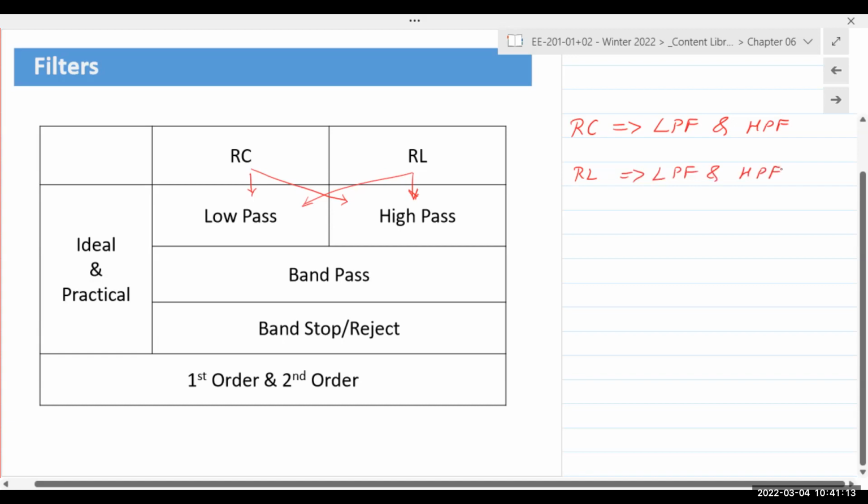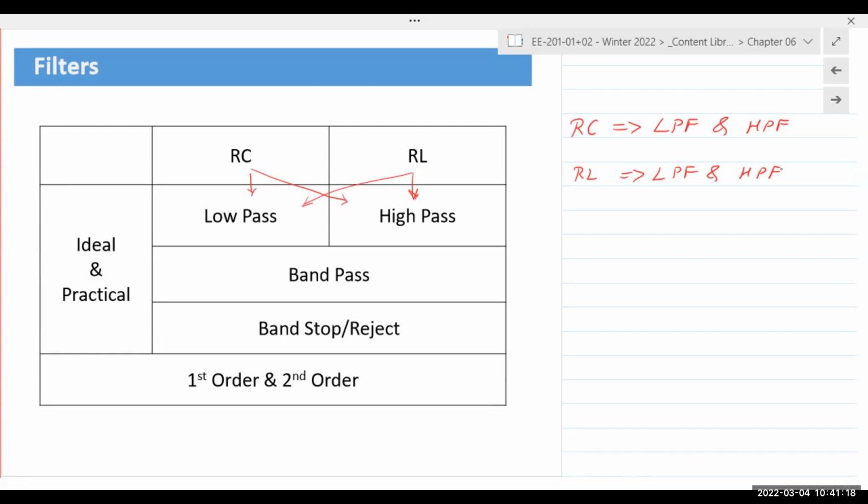Okay, so in this chapter, what we're going to study is filters made out of capacitors and inductors. So if you have a single capacitor in the circuit, we have what is known as an RC filter or an RC circuit, right? Similar to what we saw in chapter 4. If you have an inductor, we call it an RL circuit. One energy storage element, first order differential equation, a first order circuit, and hence the name, a first order filter.